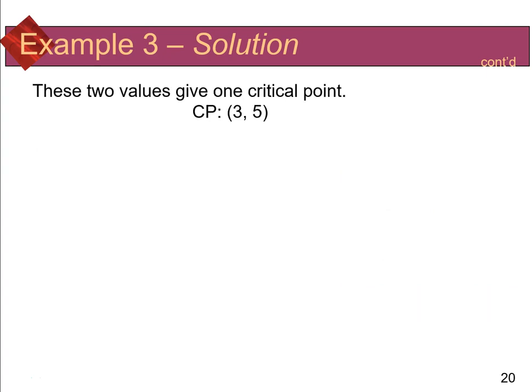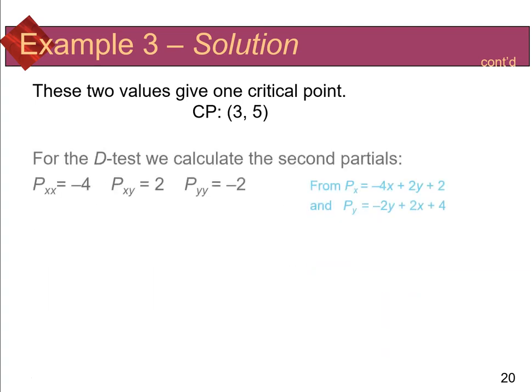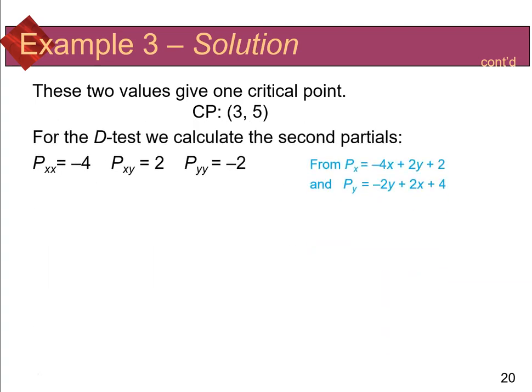Now, we're hoping it's a maximum. So we're going to do a d-test to see, first of all, if it is a maximum. And then, once we know it's a maximum, we can figure out what the maximum value is. So I'm going to do the second partial derivative with respect to x, the partial derivative with respect to x and then with respect to y, and then the second partial derivative with respect to y.